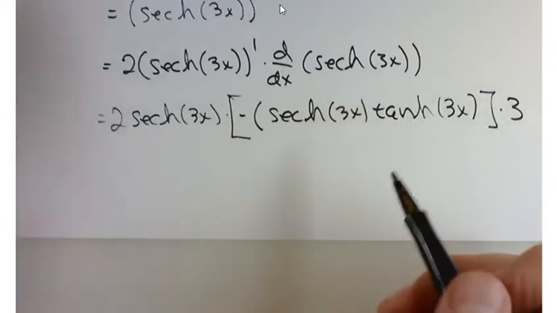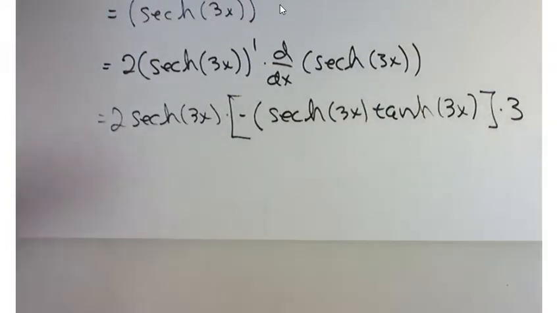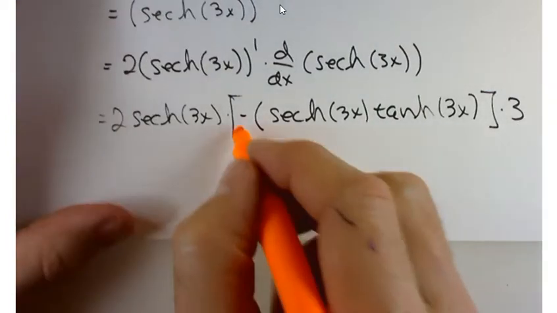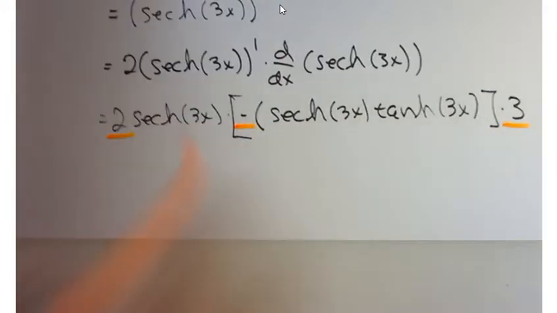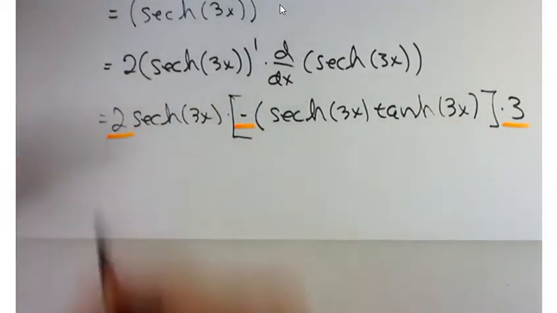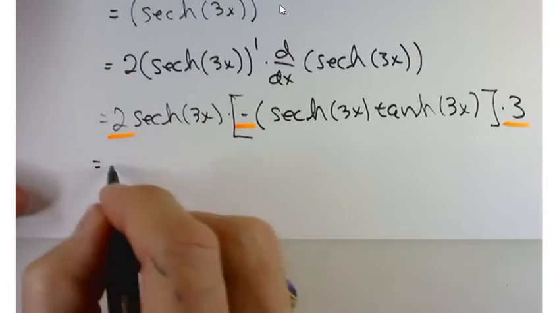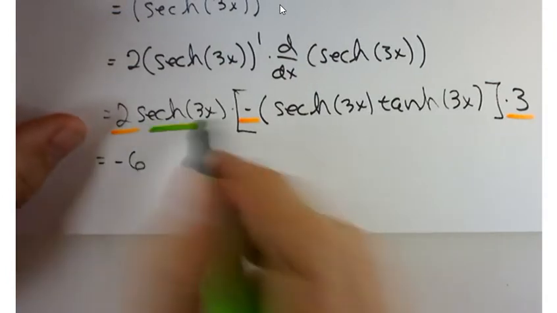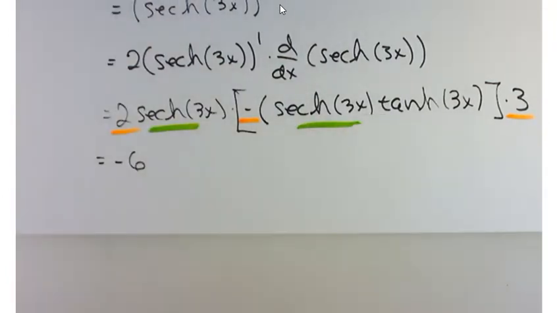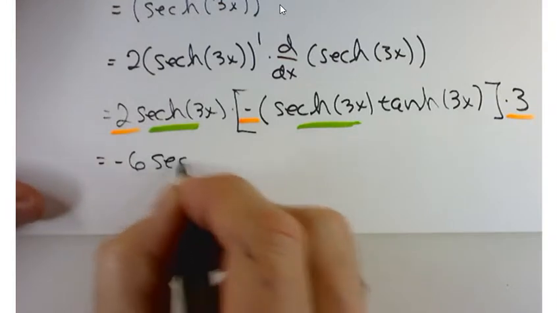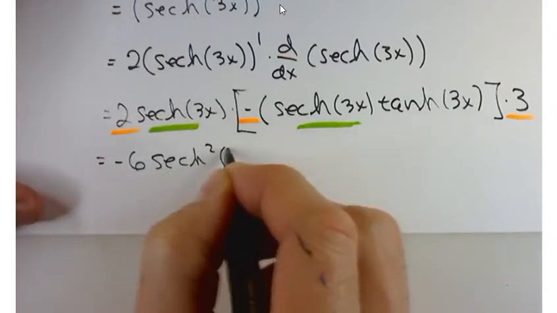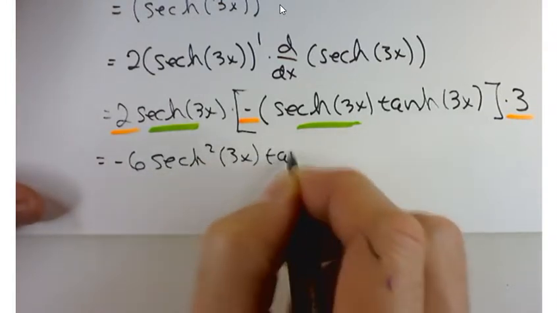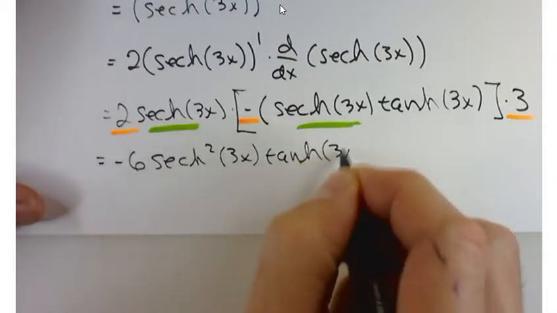Putting this all together, we've got constants here, here, and here. What's all going to come out in front? -6. And since we have hyperbolic secant twice, I'll write that as hyperbolic secant squared of 3x times hyperbolic tangent of 3x.